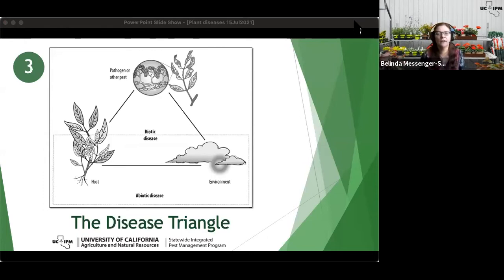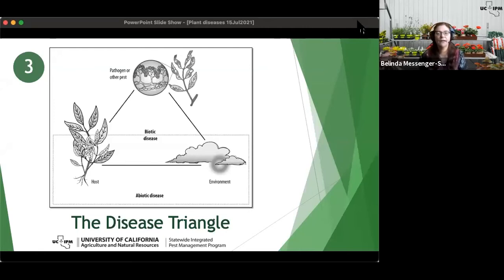So the disease triangle is that graphical representation that shows that a plant disease caused by a pathogen is only going to develop if there's a susceptible plant, a pathogen that can infect that plant, and favorable environmental conditions for the disease to occur. Not all plants are going to be susceptible to all pathogens.